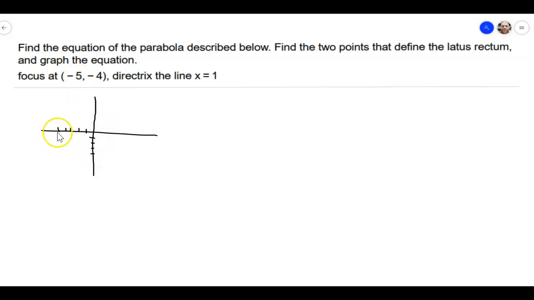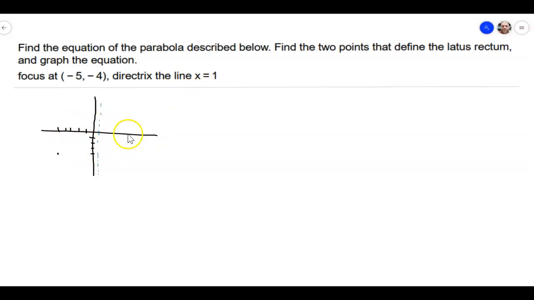So the focus is, remember, kind of in the bowl of the parabola. And the directrix line, which is right there, I'll just do a little blue thing. And the directrix does not touch the parabola. It's on the other side of the bowl.